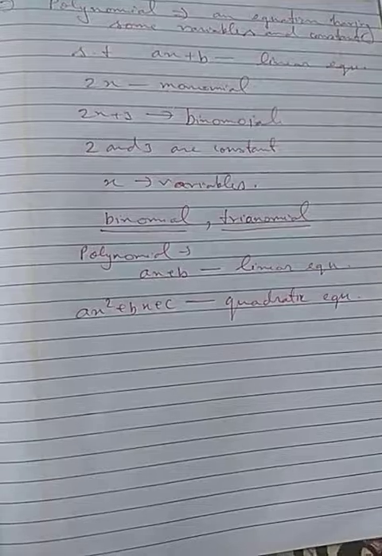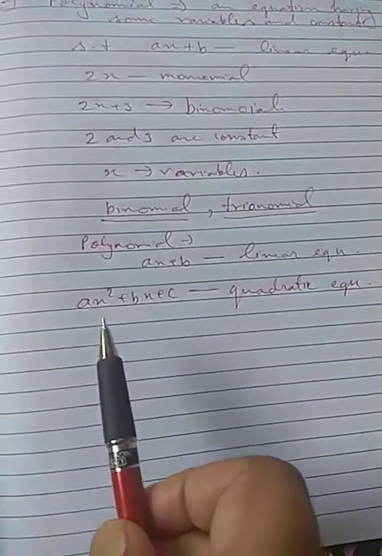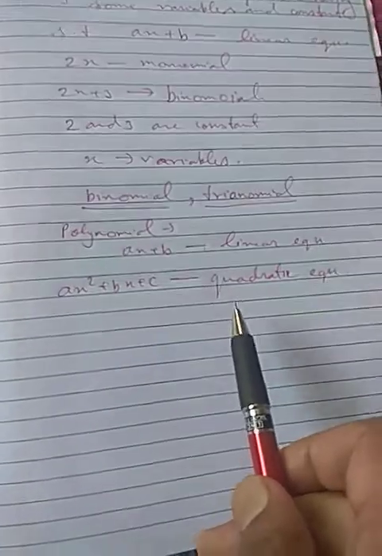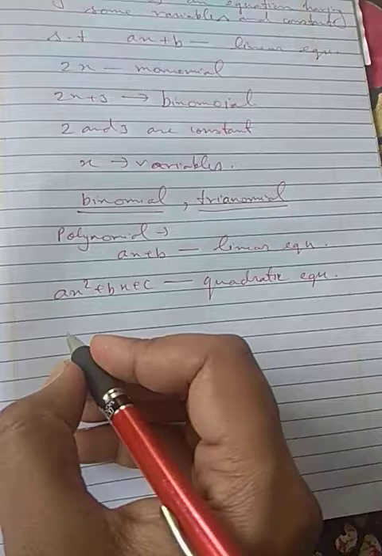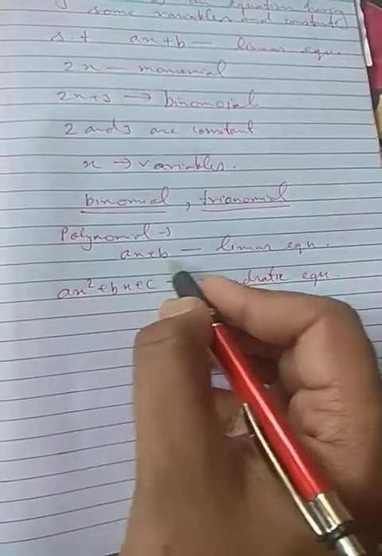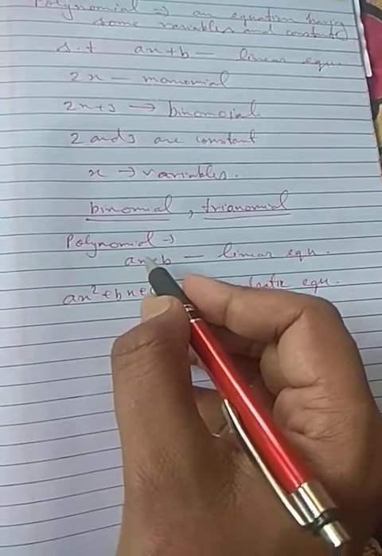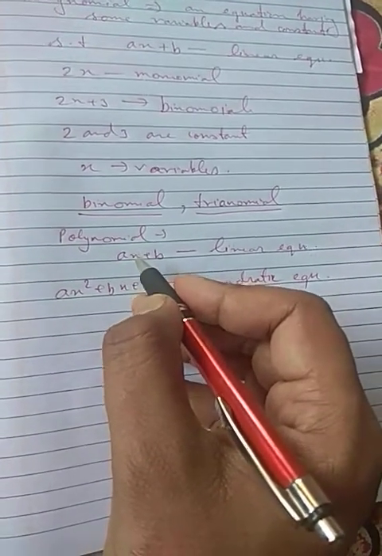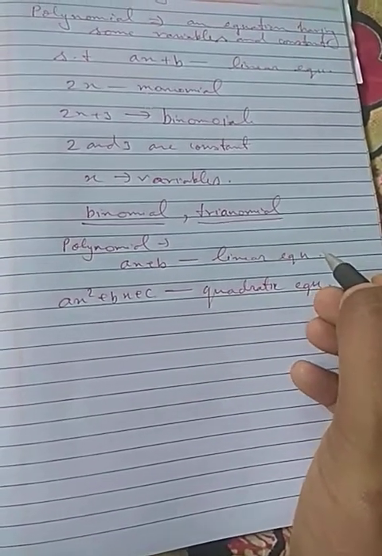Here comes the next doubt: why is ax plus b called a linear equation and ax square plus bx plus c called a quadratic equation? In ax plus b, x has no written power, so it has power 1. So it is called a linear equation because it has degree 1.